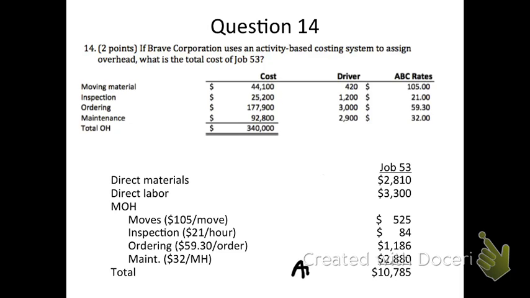Which, remember what it was before. This is activity-based costing. Under traditional, it was $13,590. So some of the cost did shift to job number 52. Yeah, that should say job number 52. I have to fix that too.